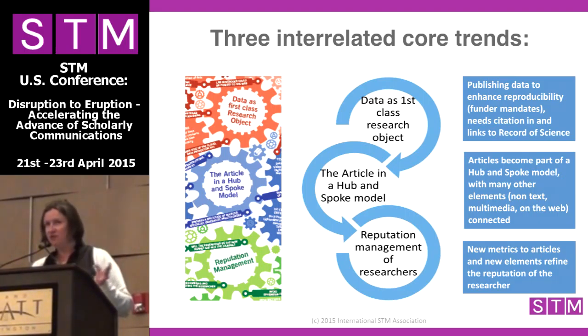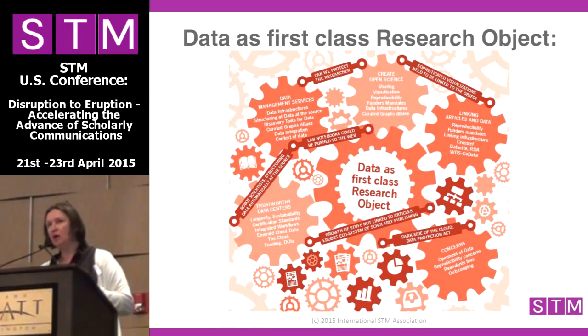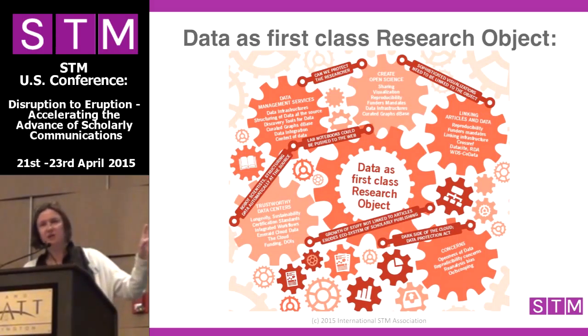These 3 trends are very interrelated, because if you start with the research data, which has really found itself a place on our publishing agendas, if research data are linked to articles or are being integrated in articles, that could be a very first step to a bigger picture where many more elements, artifacts, digital components are being linked and connected to articles.